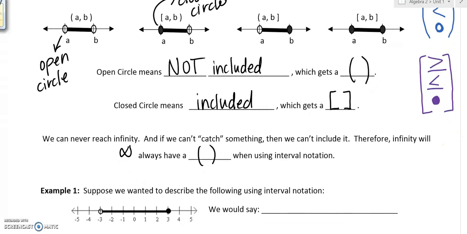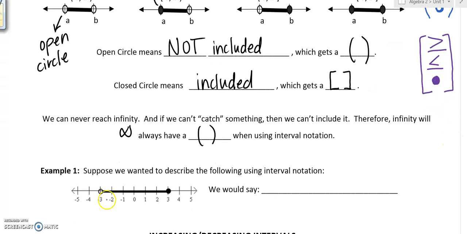Let's practice with example 1 right below here. It says, suppose we want to describe the following using interval notation. When using interval notation, you read this number line like a book, left to right. I see that my line is starting right here at -3 and it's ending at +3. At -3, I have an open circle.